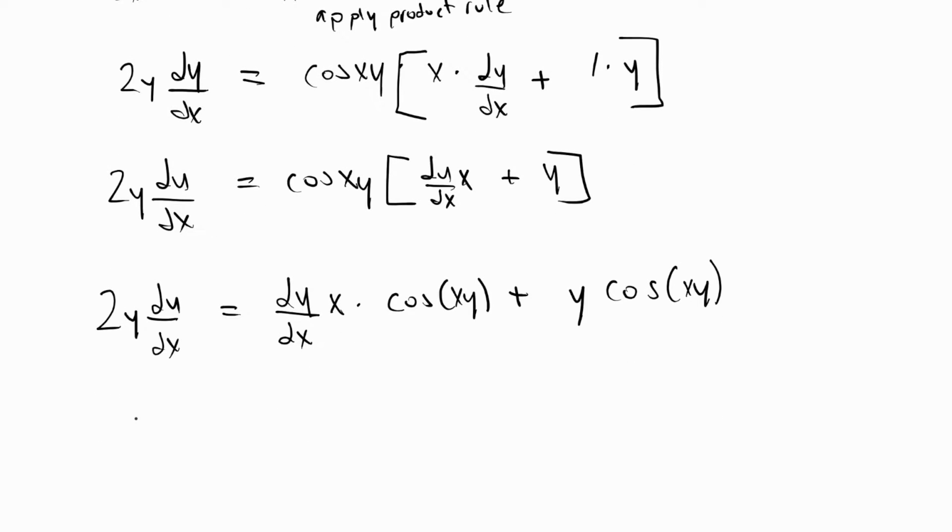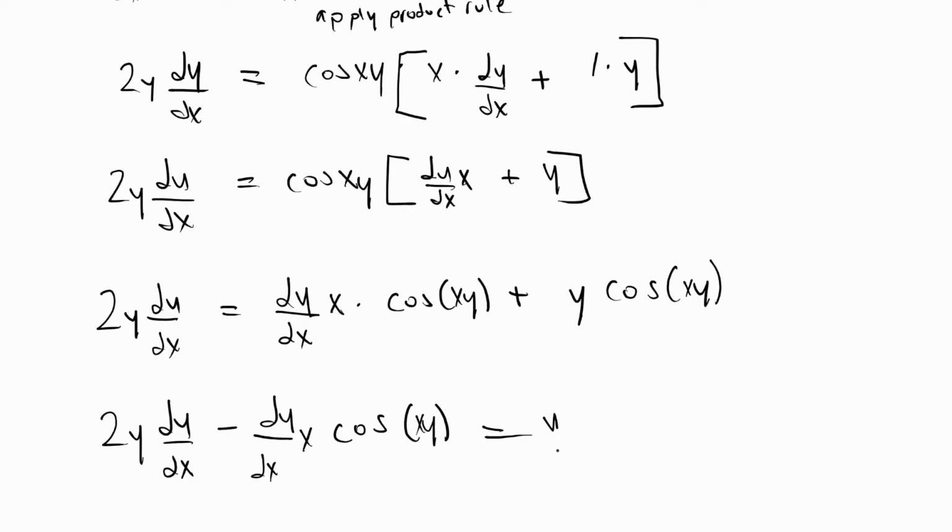Now let's bring the dy/dx terms to the same side, so we get 2y dy/dx minus x cos(xy) dy/dx is equal to y cos(xy).